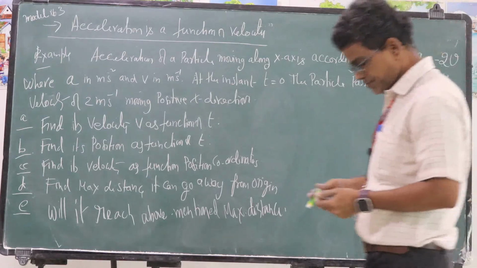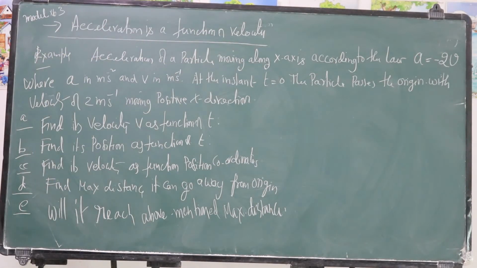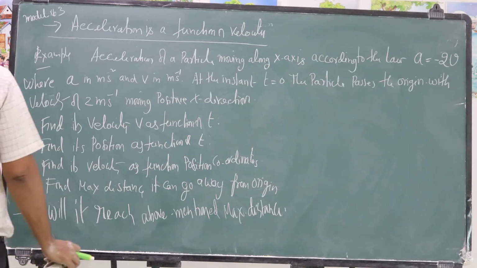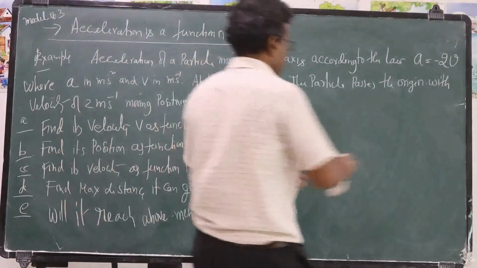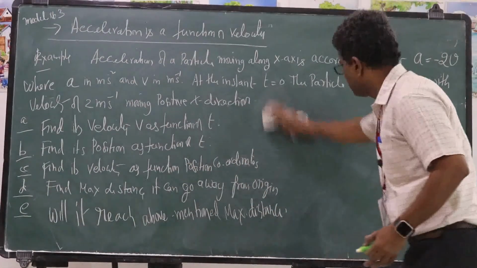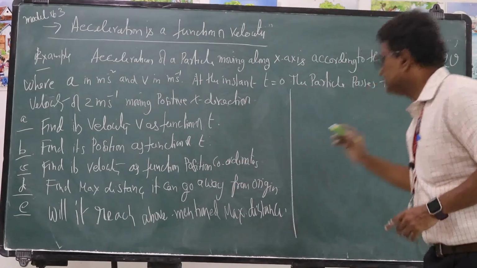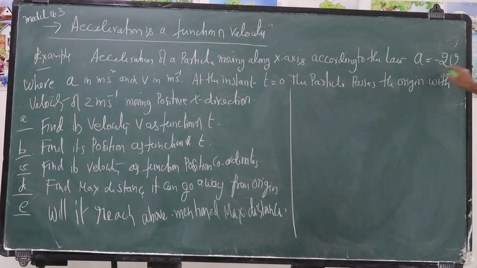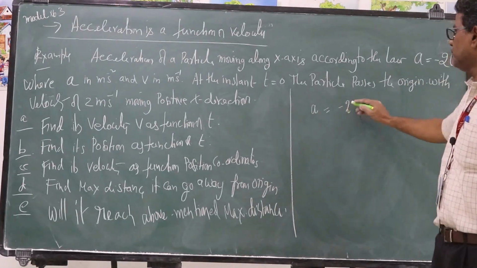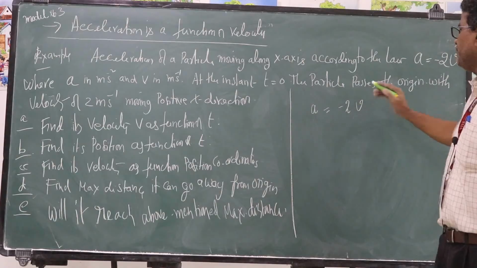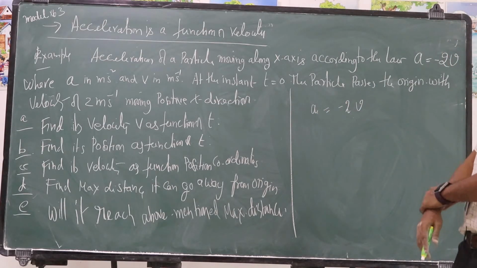Now how can we solve this one? Let us try to solve this one. What is the given law? Acceleration is equal to minus 2 into v.